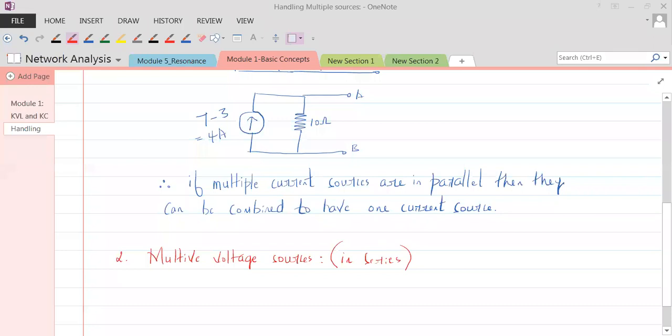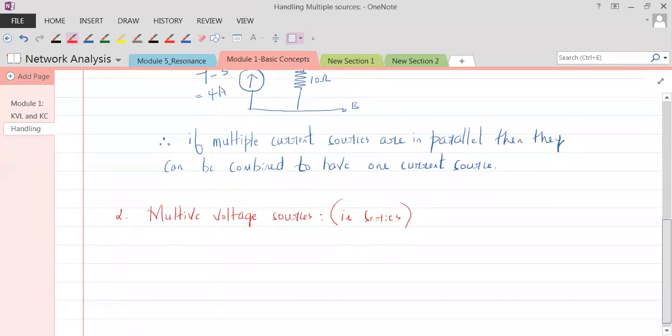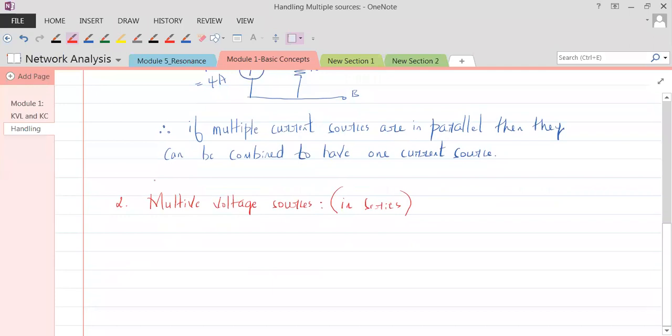So if there are multiple voltage sources in series, what can we do is the question. So let's consider this.